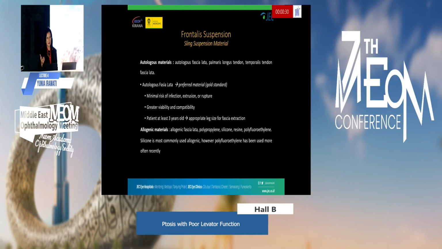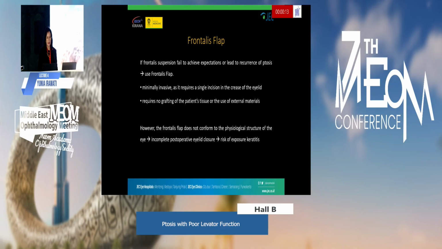That's why I can take it from children less than 3 years old. Another material, like I said before, is the silicone rod, or sometimes we can use polytetrafluoroethylene suture.